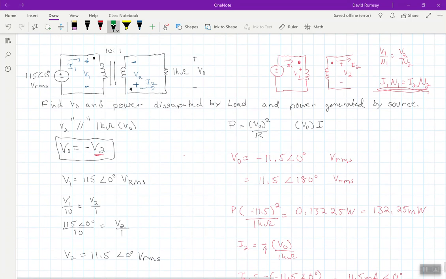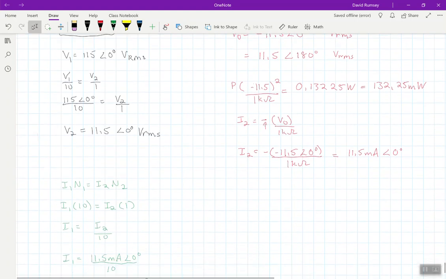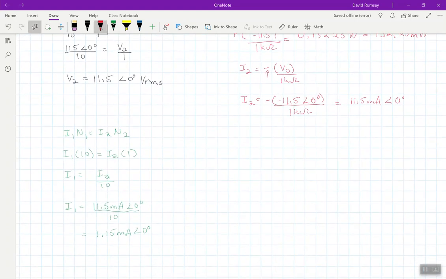Now we're talking about power being generated by the power supply. First off, remember we say it's negative because it's generated, but you can see that because where's the arrow? It's coming in on the negative side of that power supply. So that means if I do voltage times current for the power, it would be negative because I'm coming in on the negative side. And so my voltage, of course, is 115 and an angle of 0 degrees.